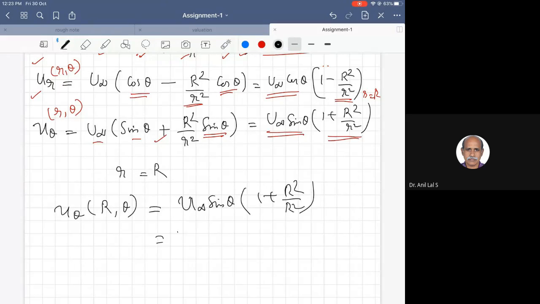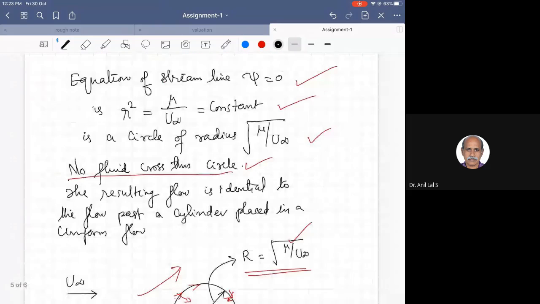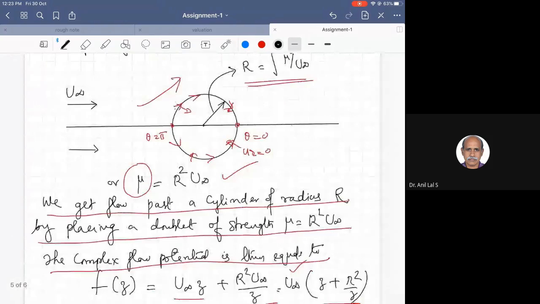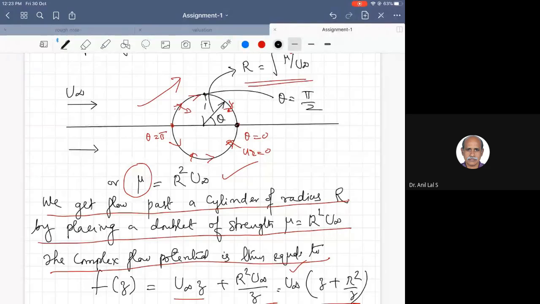That is equal to 2 u infinity sine theta. This is the tangential velocity on the surface of the cylinder. And you measure the angle from here, theta. This point is theta equal to 0. This point is theta equal to pi by 2. This point is theta equal to pi.